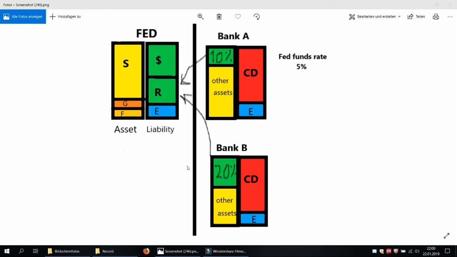Every bank has assets and liabilities, and the Federal Reserve holds mainly securities as assets, a little bit of gold and foreign currencies. The liabilities are mainly dollars they created so far.